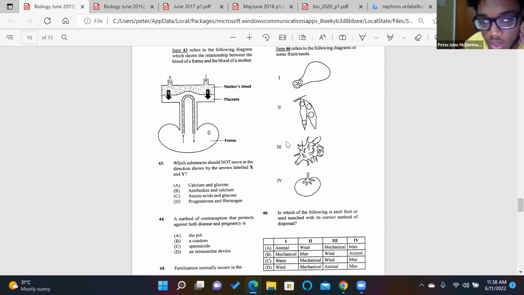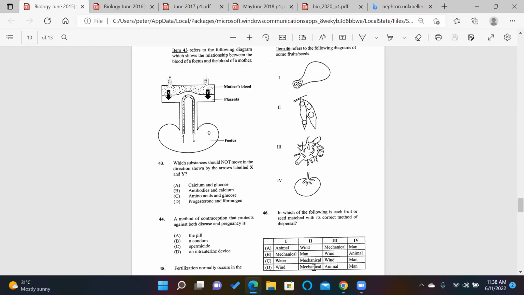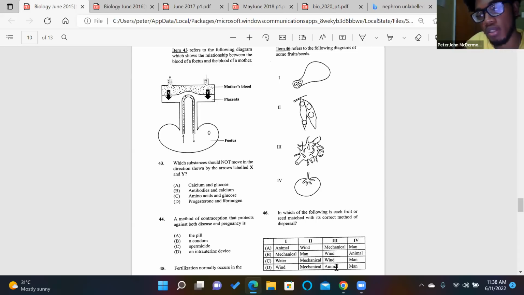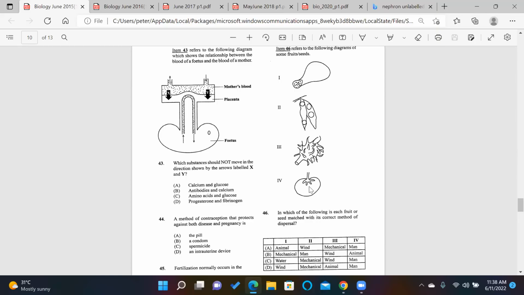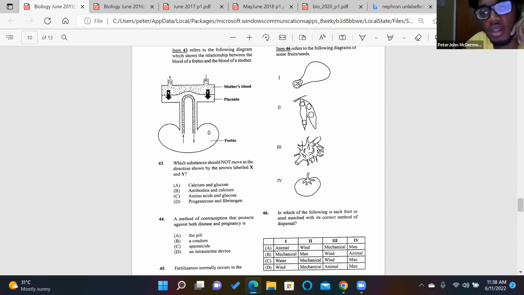Why do you say this is animal? Sir, I'm not sure, because I know that the C, the tomato. Have you ever walked somewhere and got a burr on your pants, the stuff that sticks to your pants? This is the same thing. So that's why this one says animal. When the animals are passing, it gets stuck to their coat. D, yeah, that makes sense.